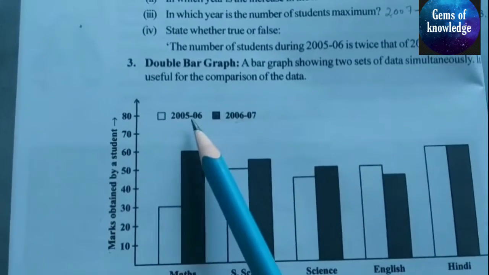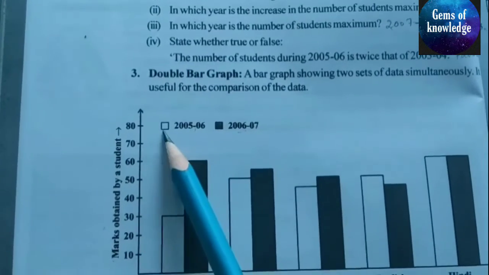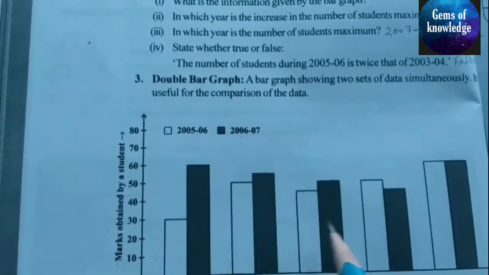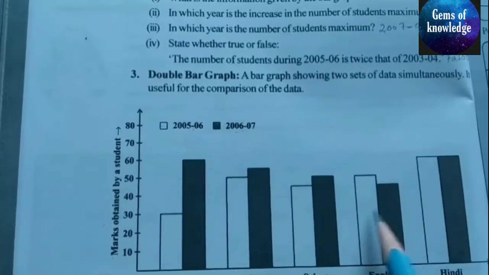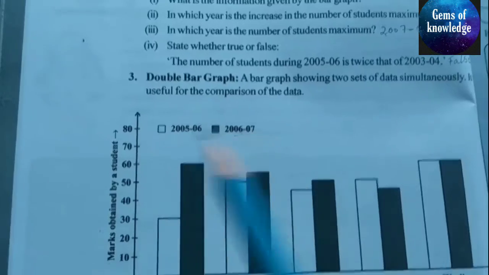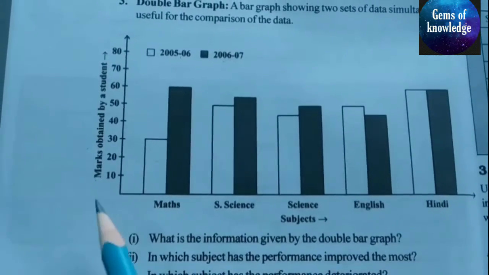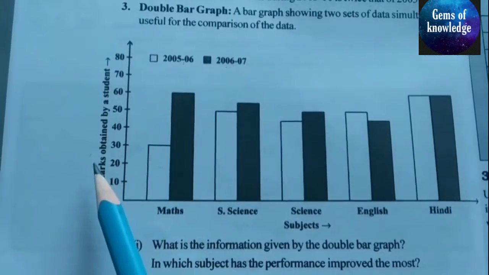And that student's performance in 2005 to 6 is given by the white bars. Subjects have been given on the x-axis and on the y-axis marks obtained is given.